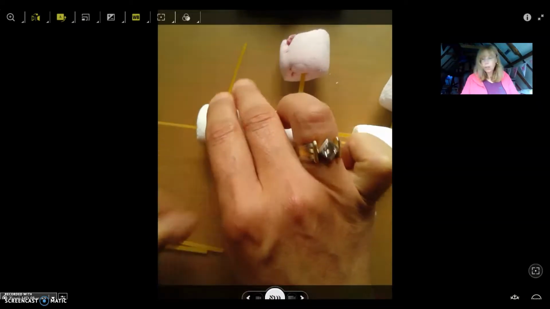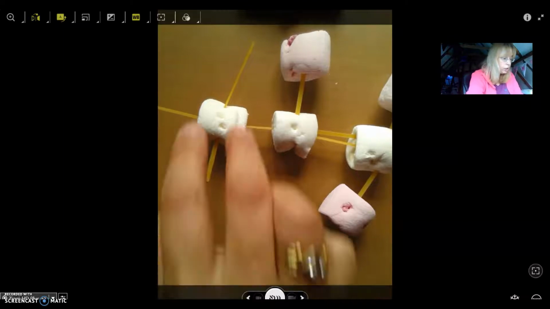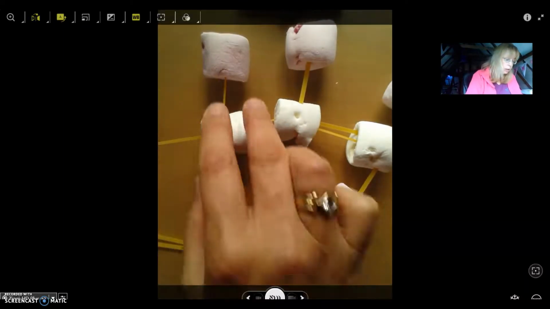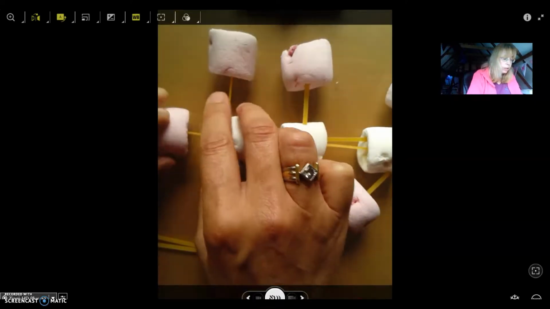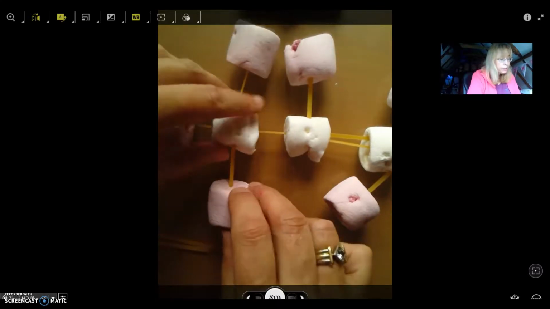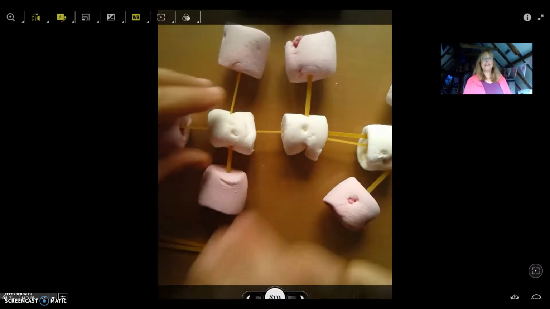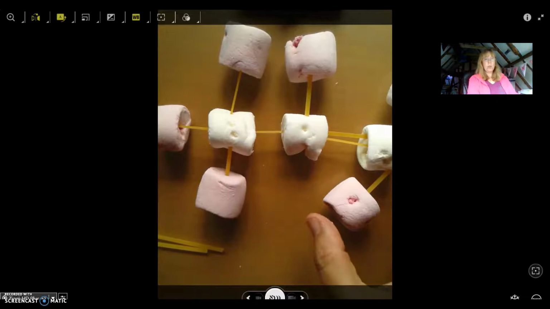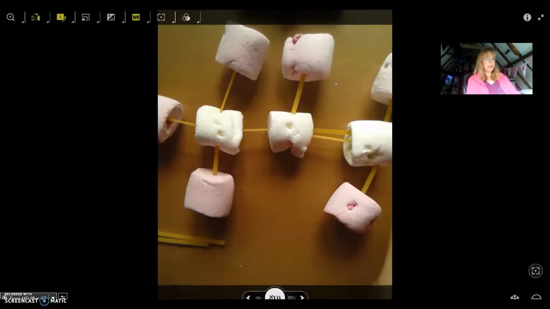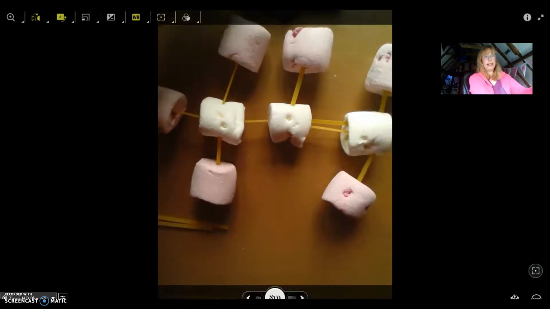Okay, so getting all my pink marshmallows. I don't know how my kids are going to feel about getting a whole bunch of holey marshmallows, but you know, there we go.